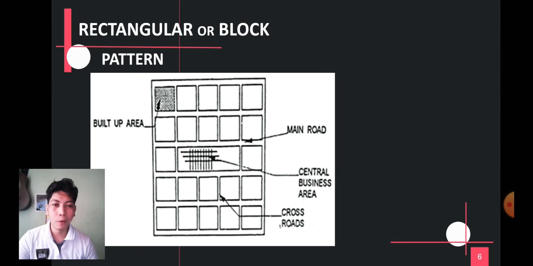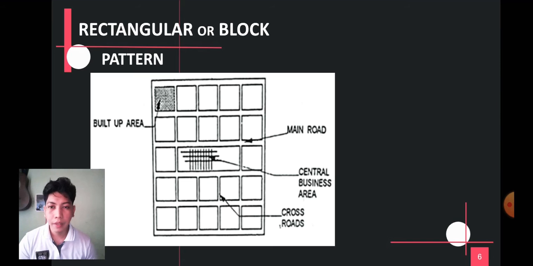degrees into each other. And usually in this type of pattern, the streets and roads are far away from each other, and it takes a long time to reach the center of the area of the city.